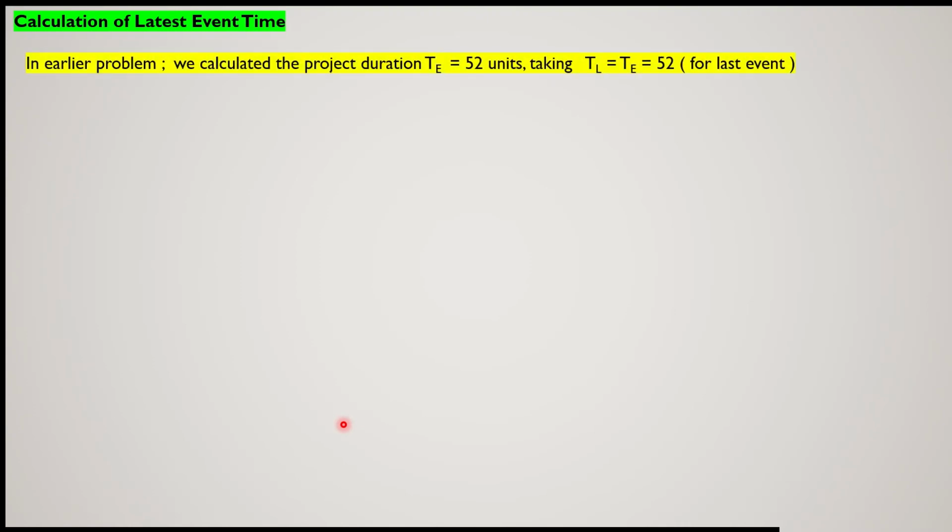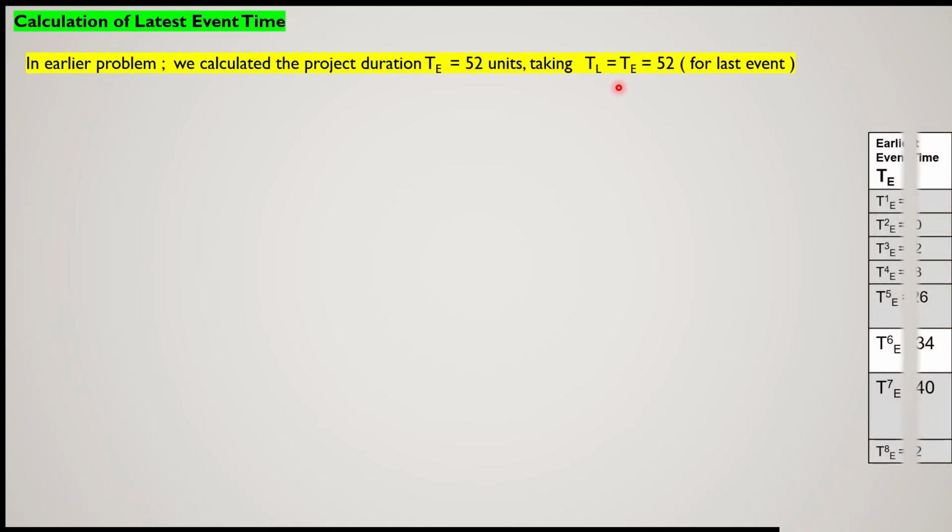Now let us calculate the latest event time for each event. In the earlier problem, we calculated that the project duration TE was 52. So we are taking the same network into consideration, and in the absence of a given latest or completion time, we take the latest event time of the last event equal to the earliest event time of the last event.